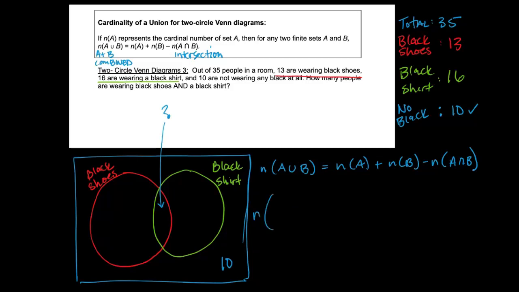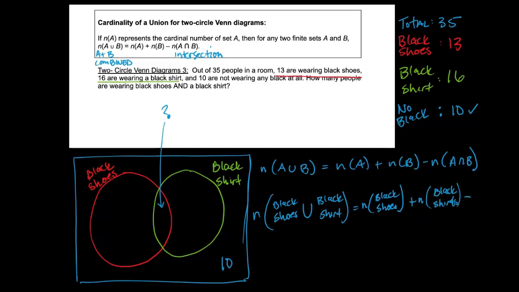We'll say the number of black shoes combined with black shirt is the number of black shoes plus the number of black shirts minus the number of black shoes and black shirts. Okay, lots of writing, I know, but I'm telling you, it's worth it to write it out sometimes so that it can make a little bit more sense.